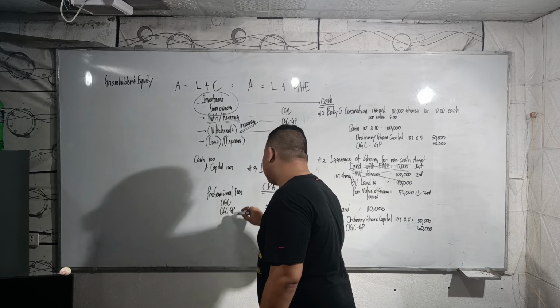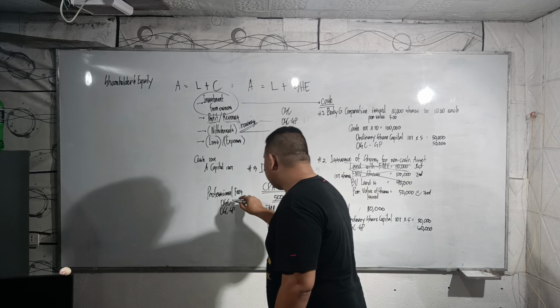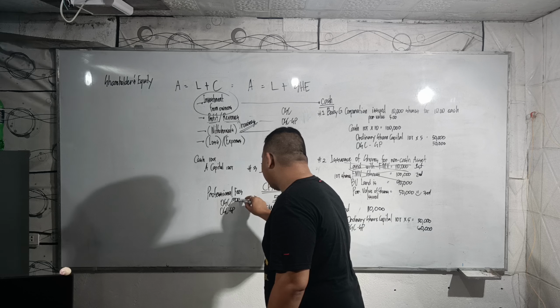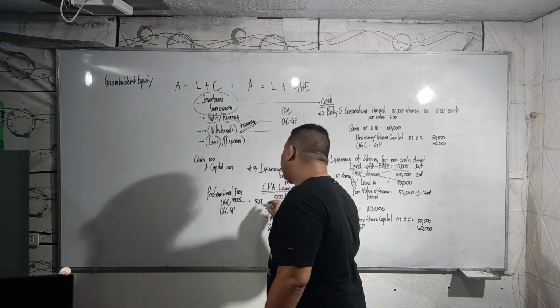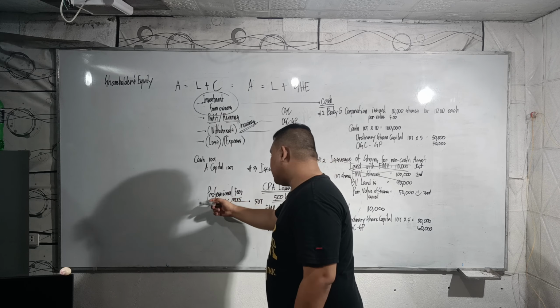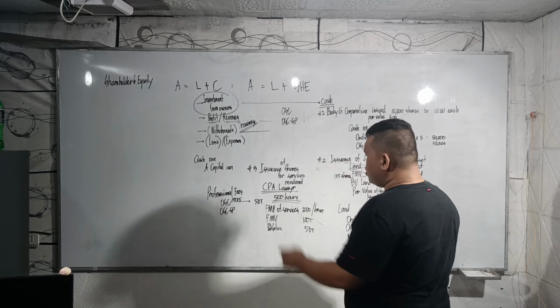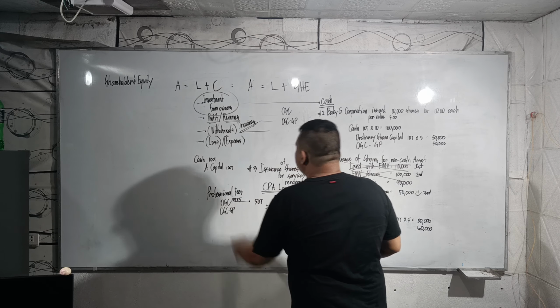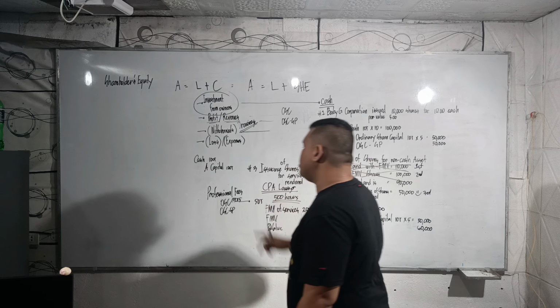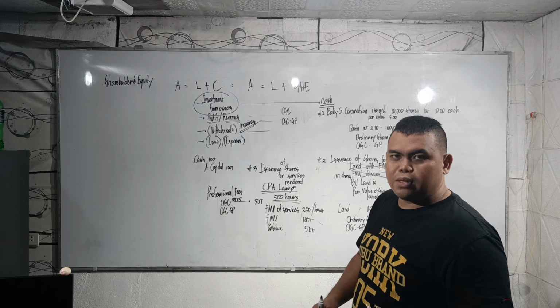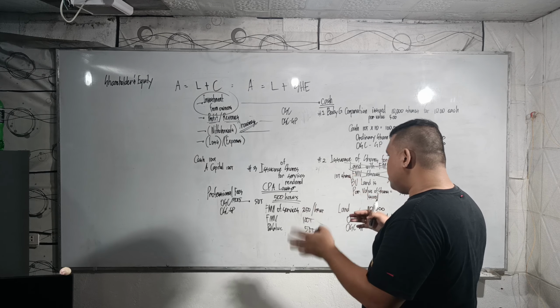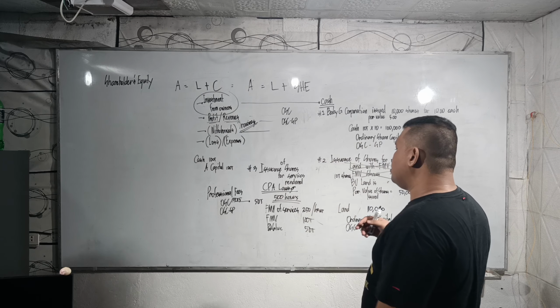It's okay with the OSC. The OSC is still at 10,000 times 5, that's 50,000. The problem is the professional fees, because the OSC share premium is just dependent on the amount of the professional fees. So, what will be the value of the professional fees?